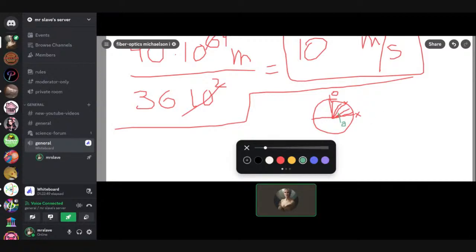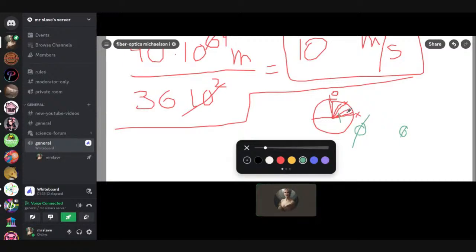Usually that's the angle phi. Okay, the angle phi. How does the speed vary with the angle phi relative to the angle theta?